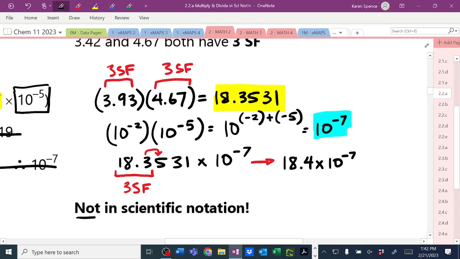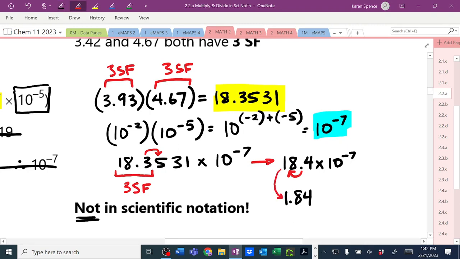We are not in scientific notation because just like last time, we've got 2 digits in front of our decimal. So we're going to move the decimal over 1 place. So we end up with 1.84 instead of 18.4.